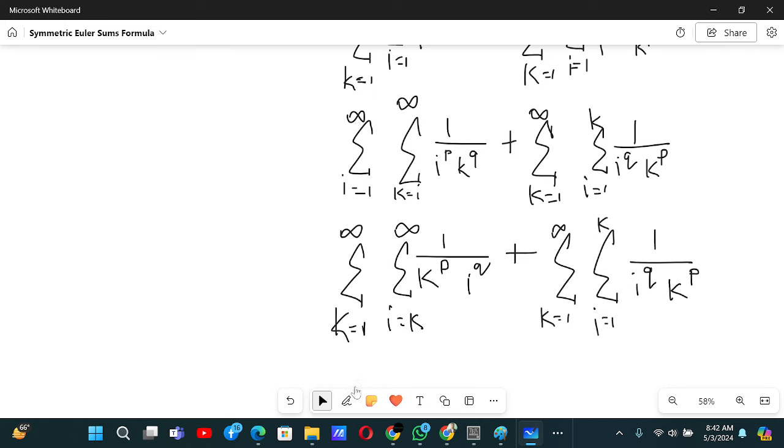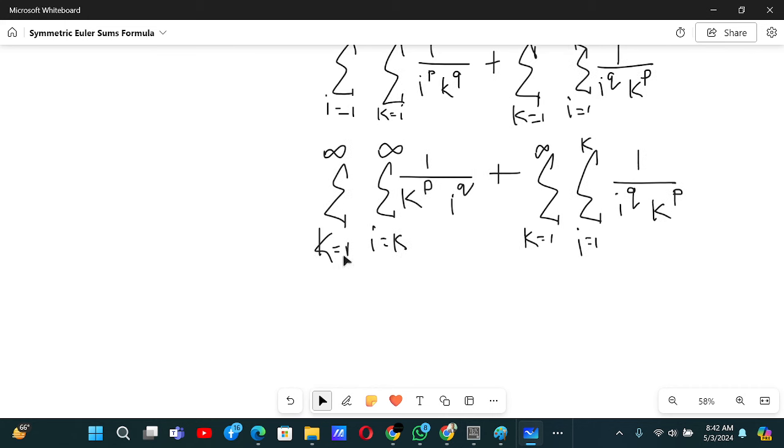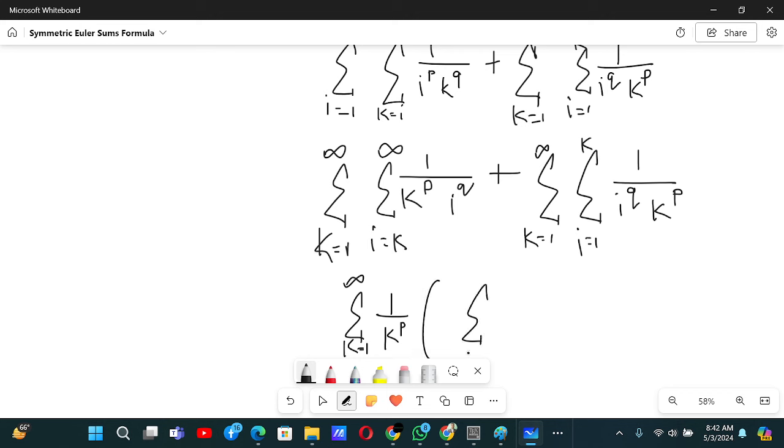Now let us take the sum from k equals 1 to infinity of 1 by k to the power p as common. Here we have the sum from i equals k to infinity of 1 by i to the power q, and over here we have the sum from i equals 1 to k of 1 by i to the power q.